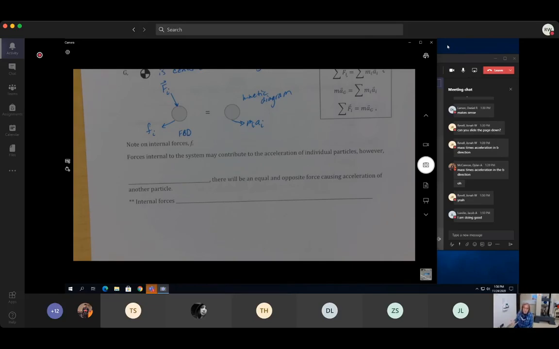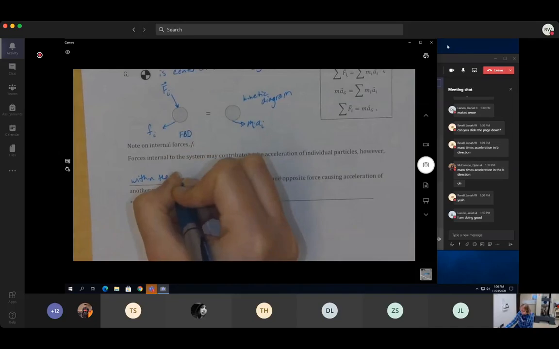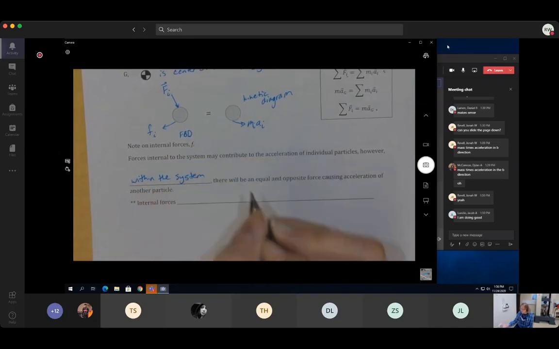But within our system, if particle A and particle B collide, particle A exerts a force on particle B and causes B to accelerate, but B is also going to cause a force on particle A and cause A to accelerate.